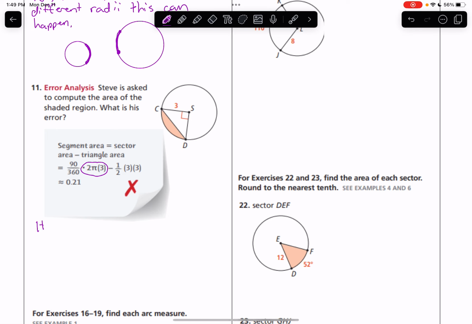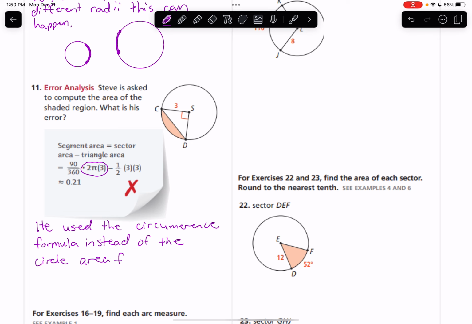So he used the circumference formula instead of the circle area formula, which of course is pi r squared.